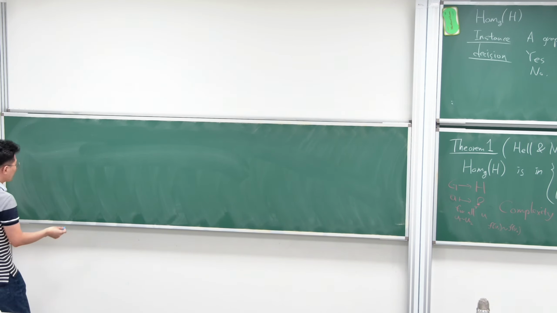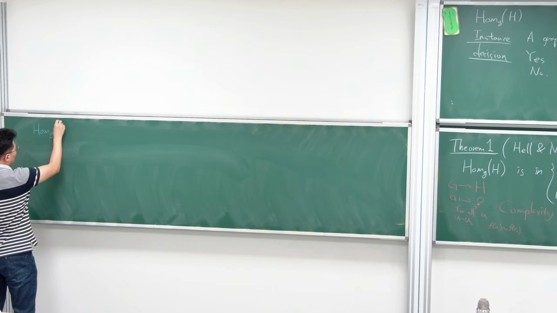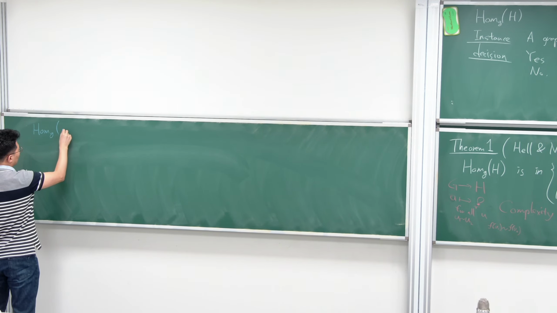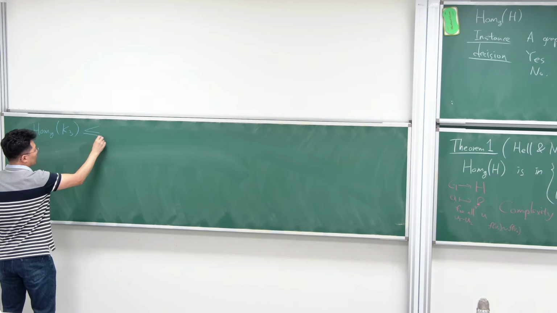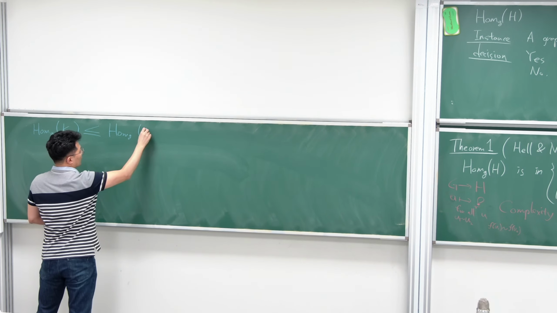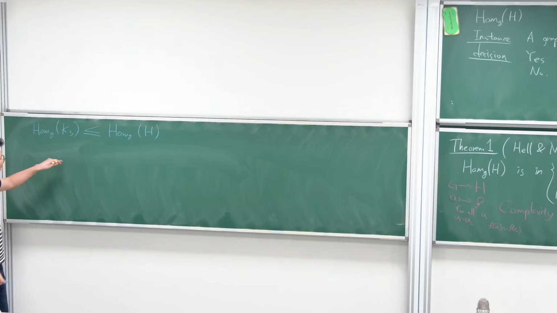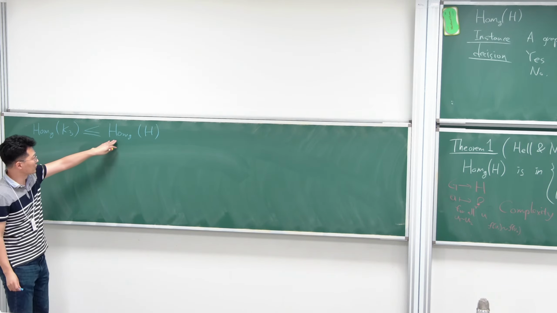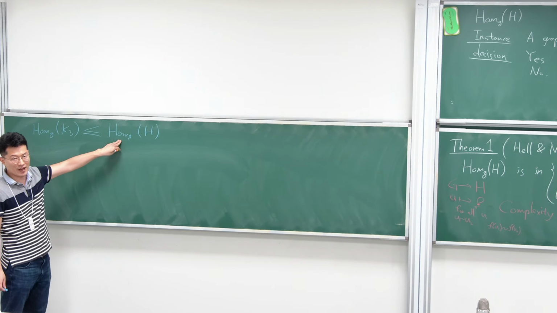For the NP-complete part, we will show that K3 reduces to H when H has a loopless non-bipartite shape, since H contains an odd cycle. This inequality means that every instance of this problem can be reduced to an instance of this problem in polynomial time.